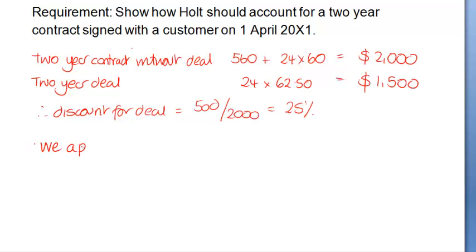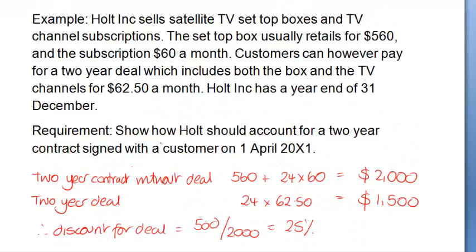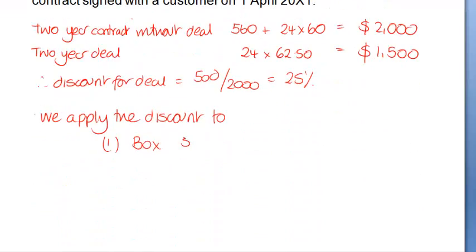We apply the discount to the box. So how much is it normally? It's going to be $560 minus 25% of $560.